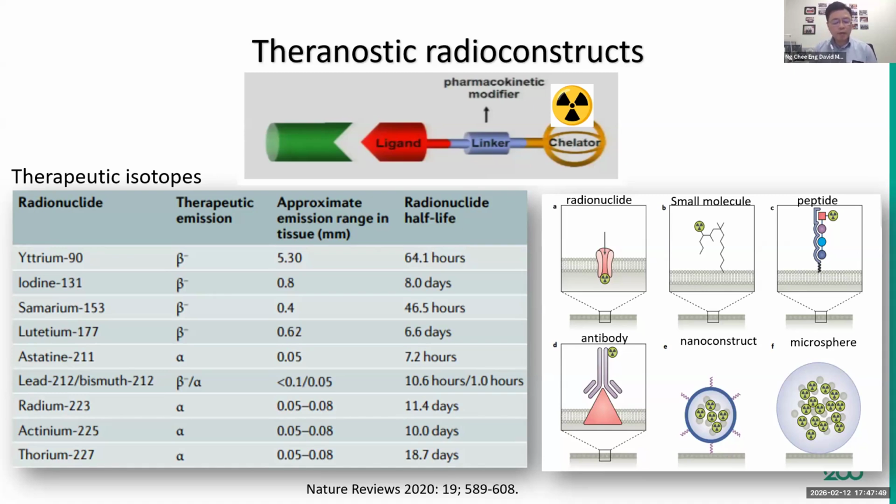These have different properties, such as different half-lives, radiation types, energies, decay schemes, and even different chemical reactivities. On the other side, the ligand pole, you can have various constructs. You can have the radionuclide itself, a small molecule, a peptide, a small chain of amino acids, antibodies, or some form of nano construct, a nanoparticle, or even a microsphere.